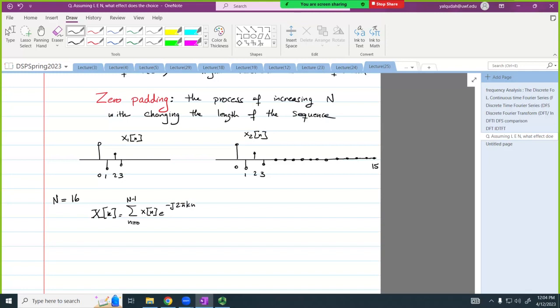I'm going to have values from 0 to 4, and then all the other entries are going to be 0. And the same thing for the other, values from 0 to 4, and all the others are going to be equal to 0. Therefore, both of them give me the same results.